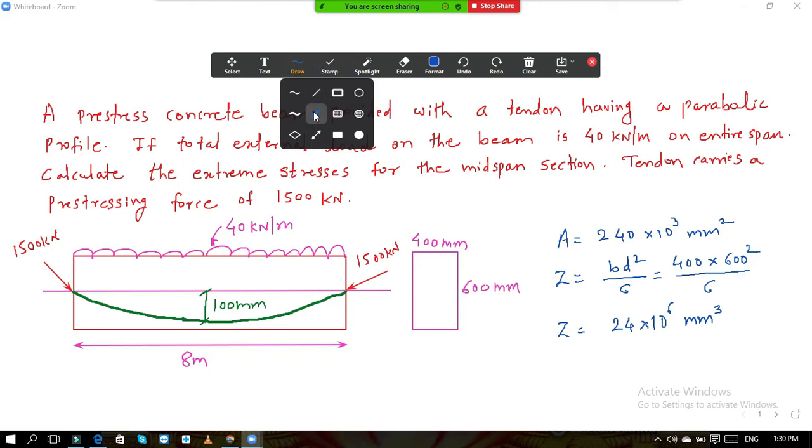So now if you see here, we are calculating the extreme stresses at the mid-span section. So this is your mid-span section, this is your end section, and this is the mid-span section. In the mid-span section there is an eccentricity of 100 mm over here, and the pre-stressing force is acting in this tendon.